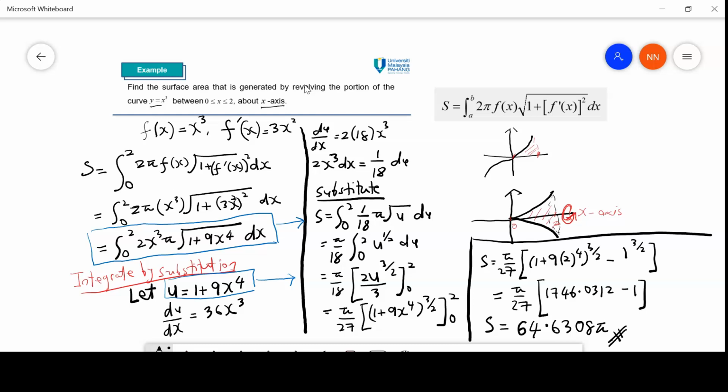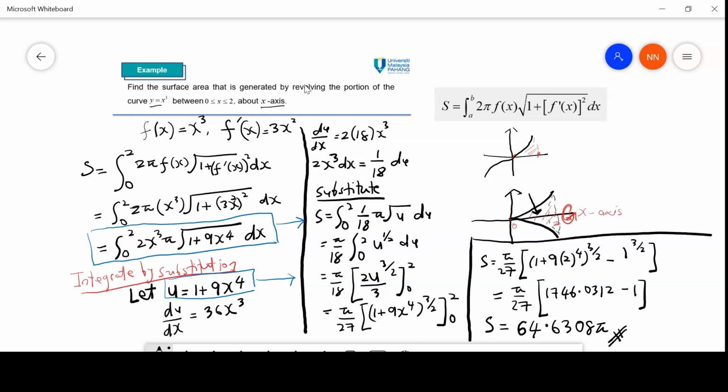You can either multiply with pi, okay, make sure you're calculating in radians, or you can keep it in terms of pi, no problem. Okay, so this is the total area, or the surface area, for the whole area here when we revolve this curve about the x-axis here.